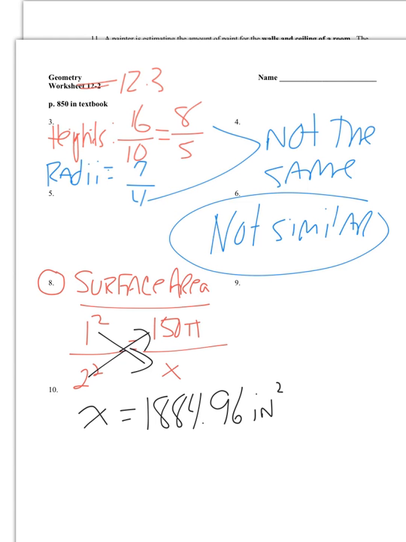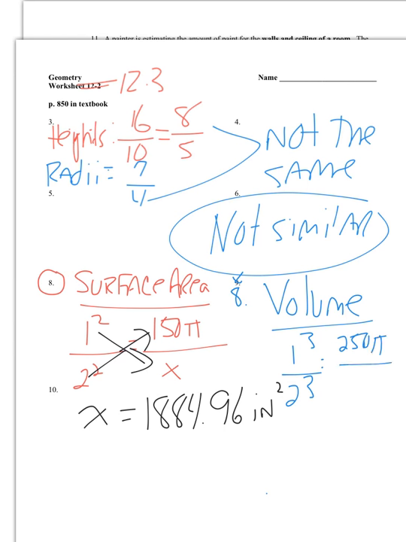We're also going to do the volume. So the volume, this is number 8, and this will be 1 cubed over 2 cubed equals 250 pi over V. Again, cross multiply this way and that way, and we get a final V equals 6283.19 inches cubed.